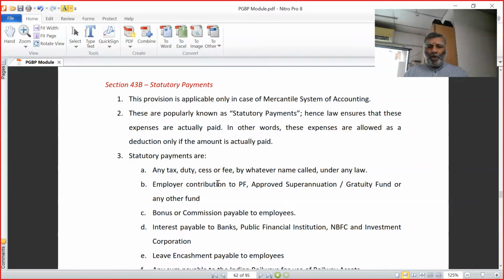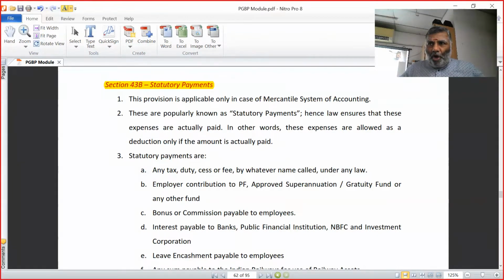The next important section is 43B, statutory payments. In our notebook, section 43B, statutory payments, draw 3 branches.